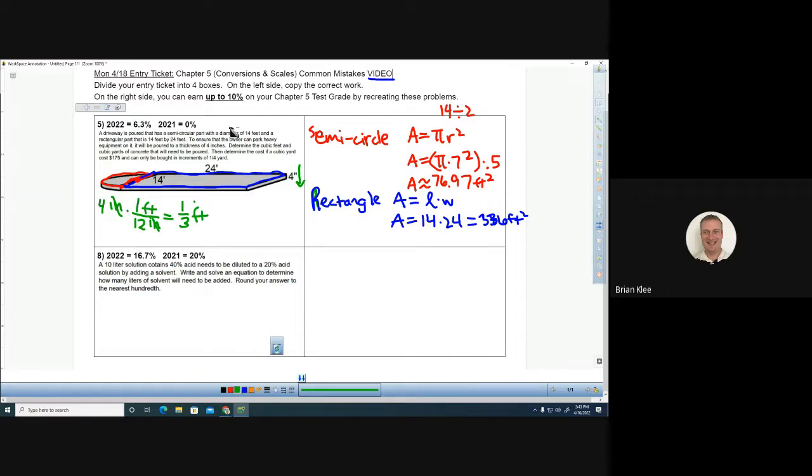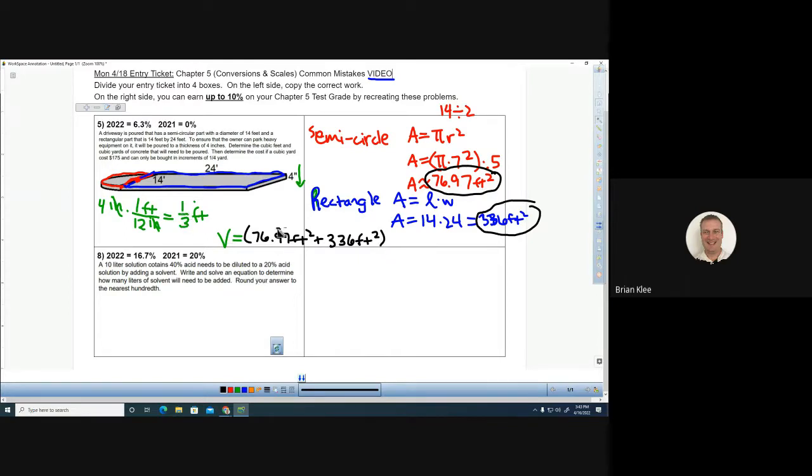So for the final part of finding, determine the cubic feet, that's ultimately volume. I found my base already is the area of the rectangle and the area of the circle. So I've got 76.97 square feet plus 336 square feet.